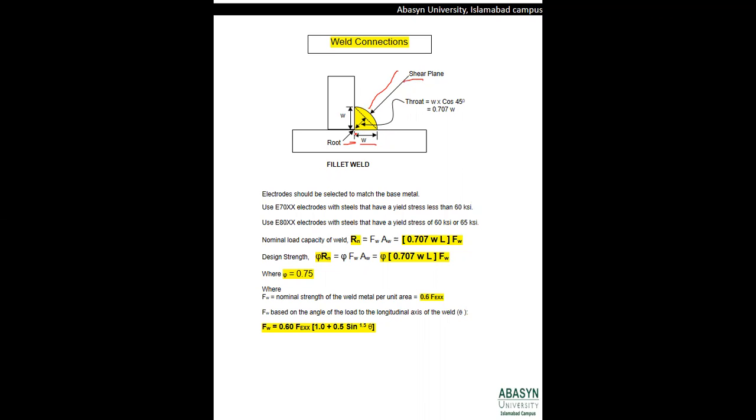Then I told you about the throat of the weld, and the throat of the weld is basically the diagonal distance from the root to the end of the weld.